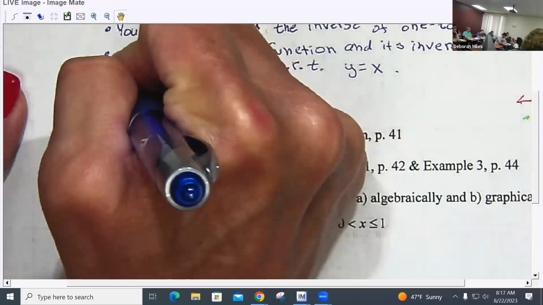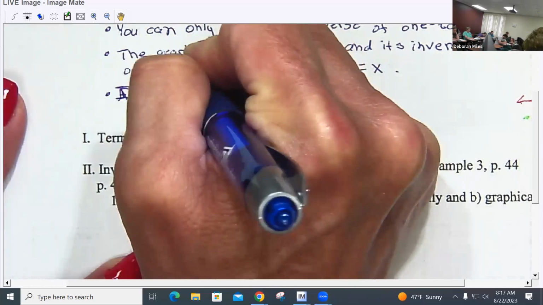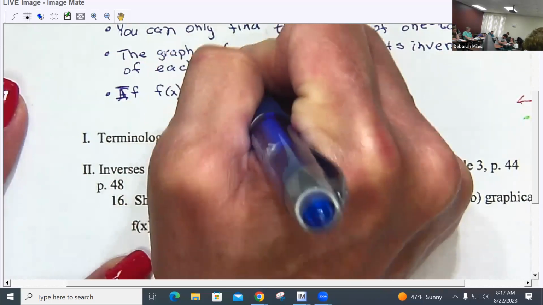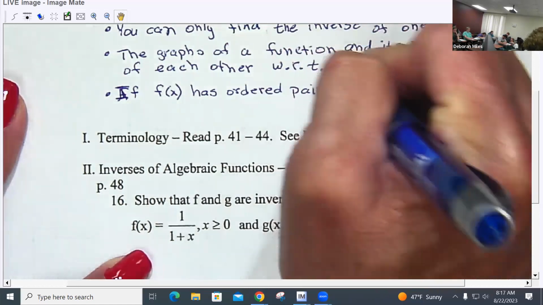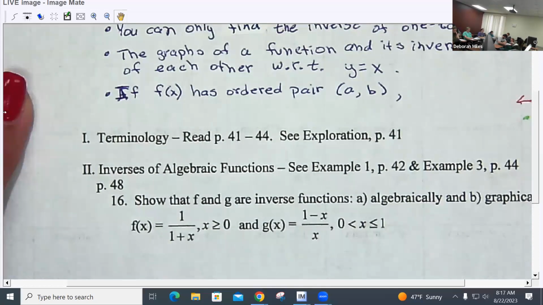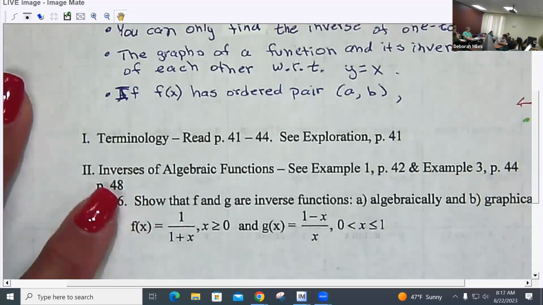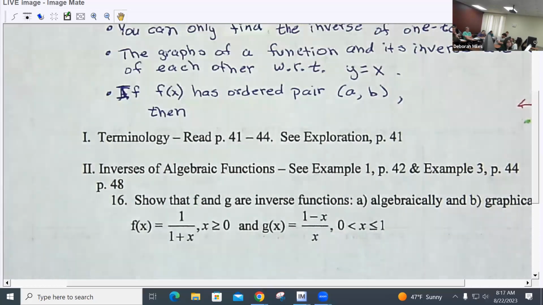If f of x has ordered pair A, B, then what symbol did we use? We could say g of x is its inverse, but if I want to stick with f of x, what symbol did we use to indicate we were talking about the inverse function?